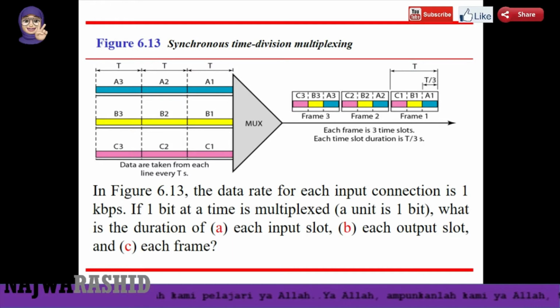If one bit at a time is multiplexed, which refers to the unit being 1 bit, what is the duration of each input slot, each output slot, and each frame?